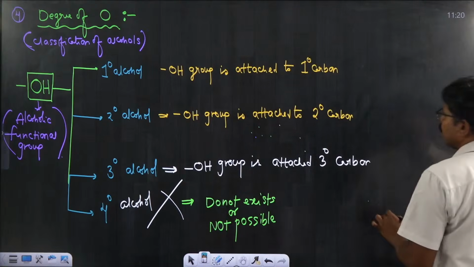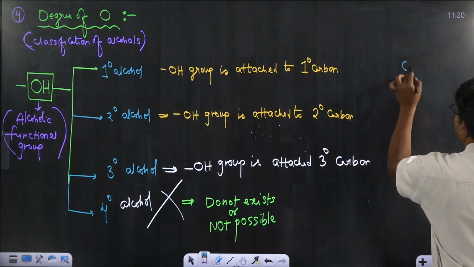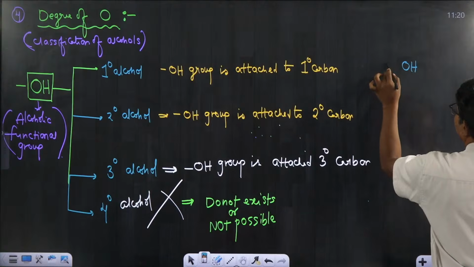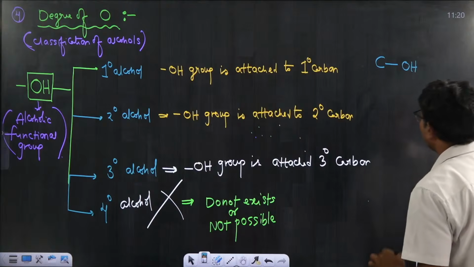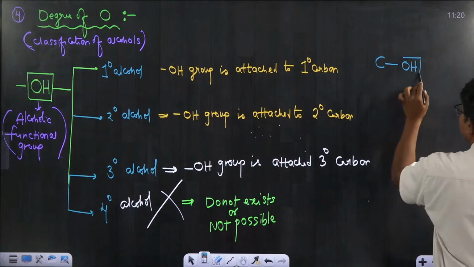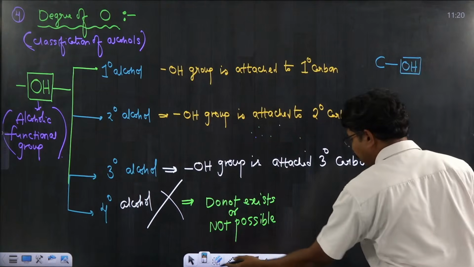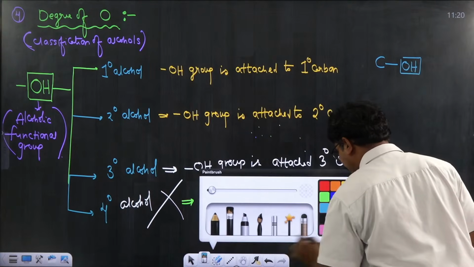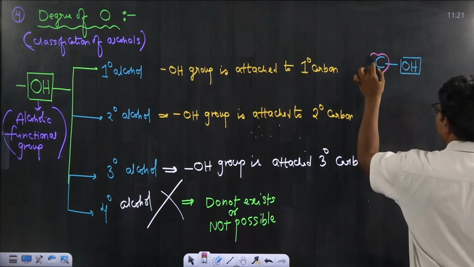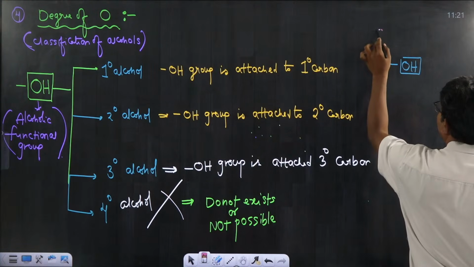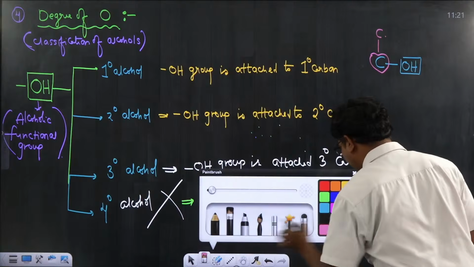Okay, so for your easy understanding, I'll try to write it over here in this way. The OH must be connected to a primary carbon. Okay, the OH group must be connected to which carbon? Primary carbon. If you consider this as a reference carbon, this reference carbon must be connected to only one carbon.